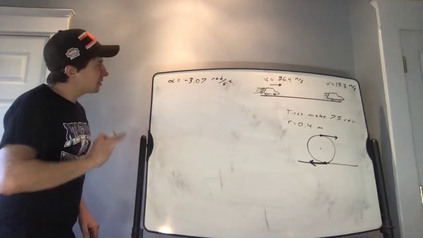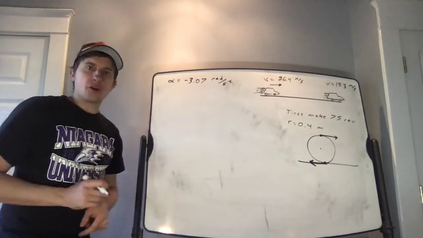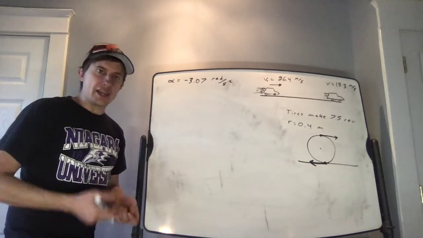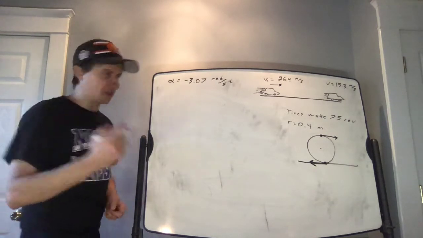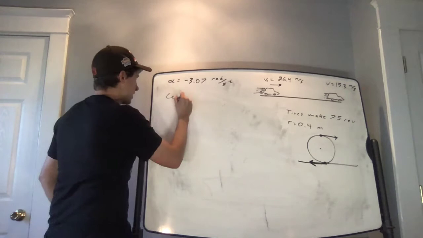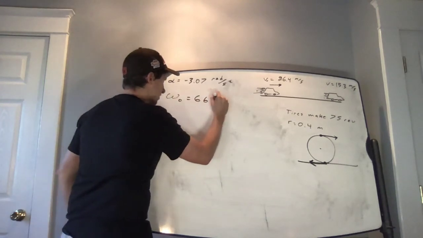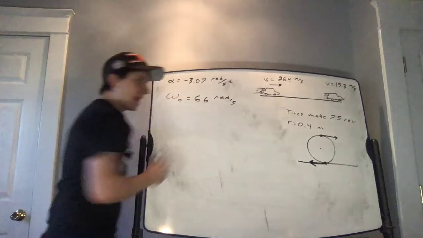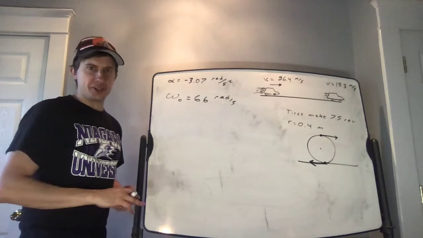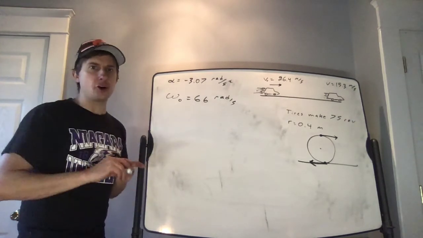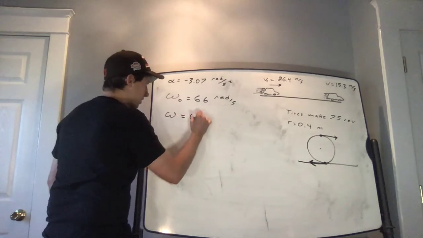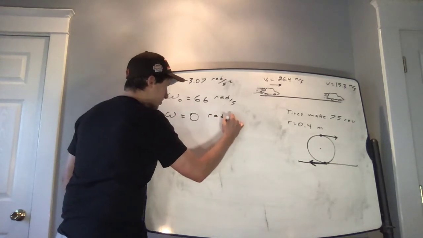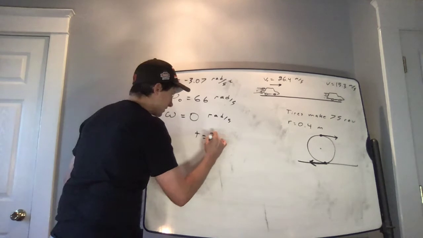So we are going to say the initial moment here. We already know the angular velocity of the tires at the initial moment: that was 66 radians per second. So omega initial is 66 radians per second. And when the car comes to a complete stop, the tires are not spinning at all, so the final angular velocity will be 0 radians per second. And we're asked to find t.